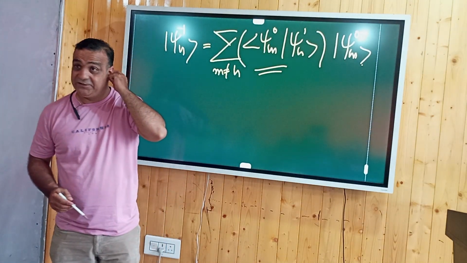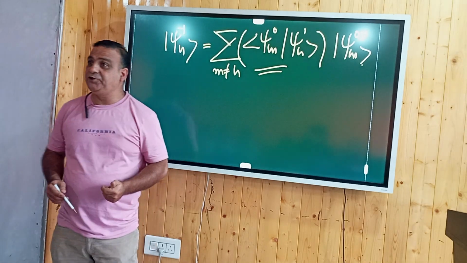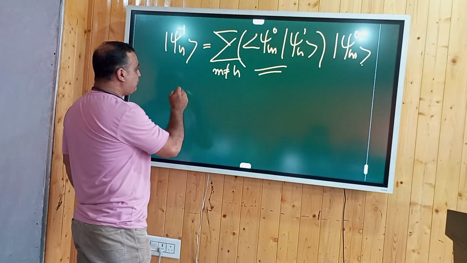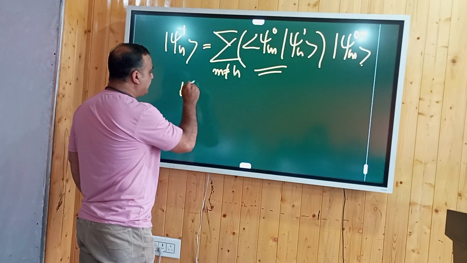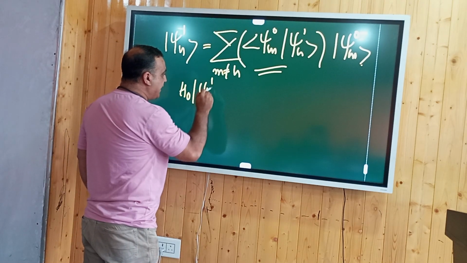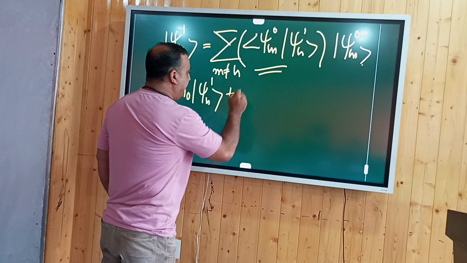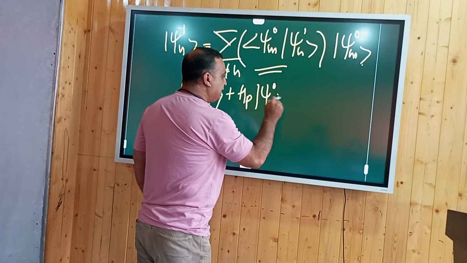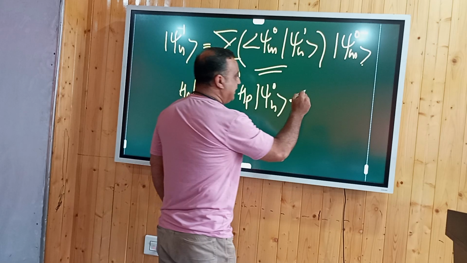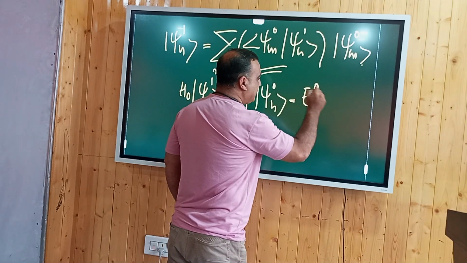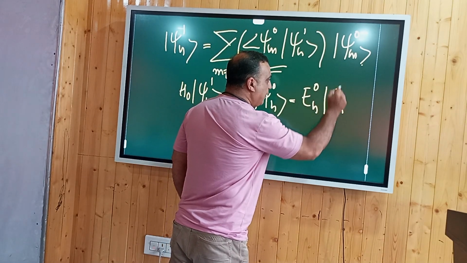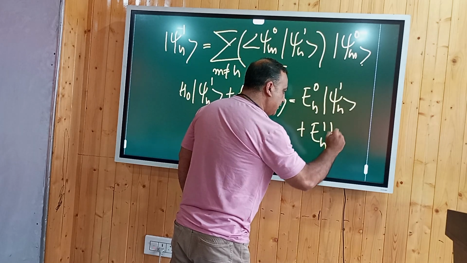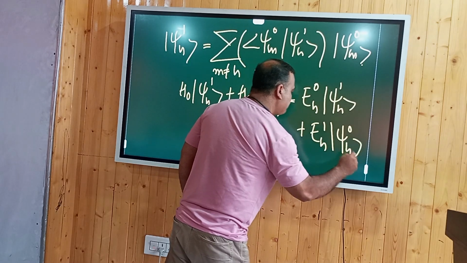Where from will I achieve this target? You again tell me that equation. The equation number 2, what was that? It was H naught psi n1 plus HP psi n naught, equal to E n naught psi n1 plus E n1 psi n naught.